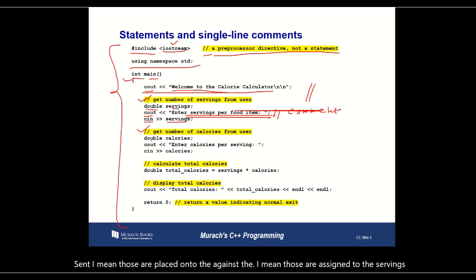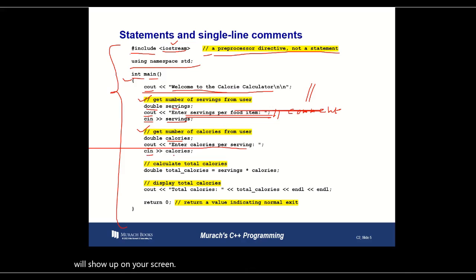Then you write another double variable or double identifier called calories. Now you write some cout statement, which will show up on your screen, followed by the cin, which is basically reading the calories from the screen.